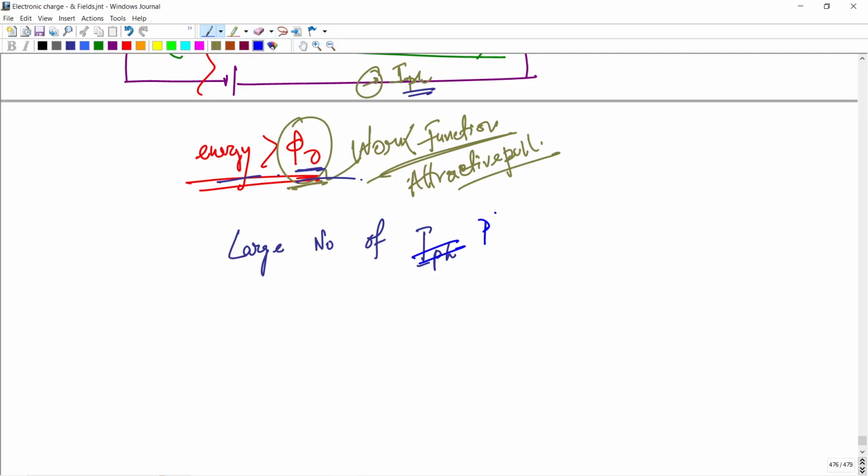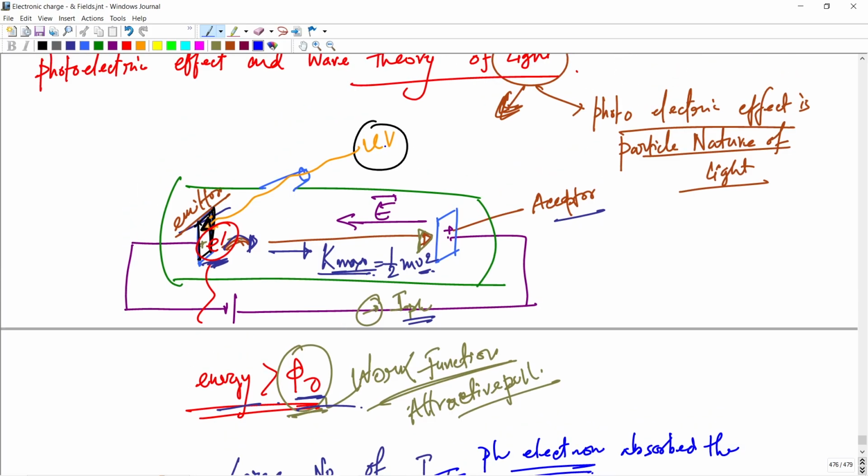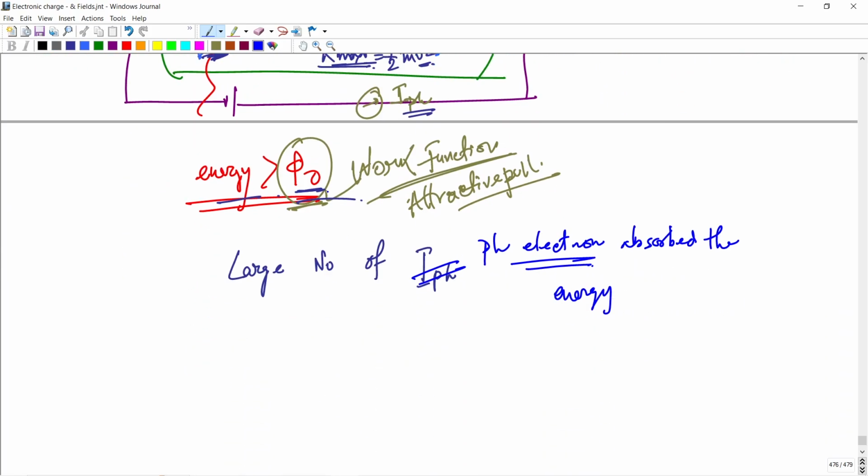The photoelectrons absorb the energy from the UV ray to jump and overcome the work function, and you get more photocurrent.